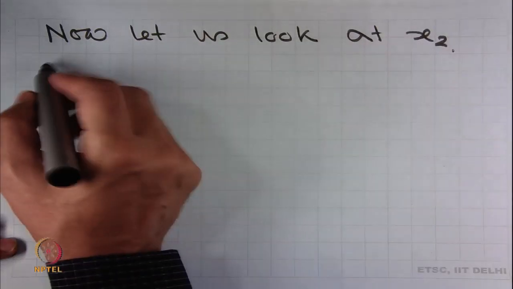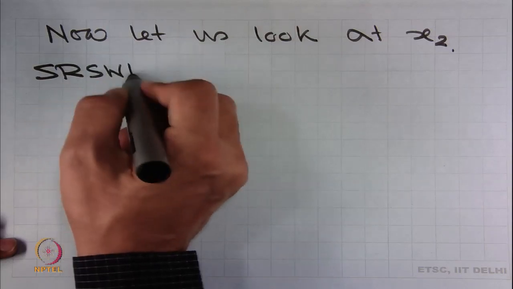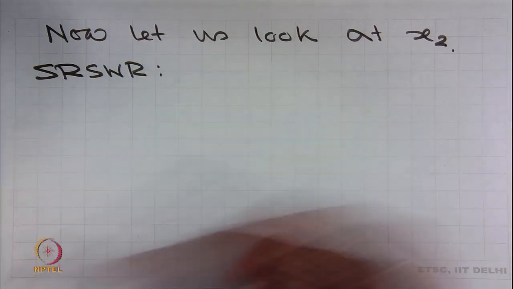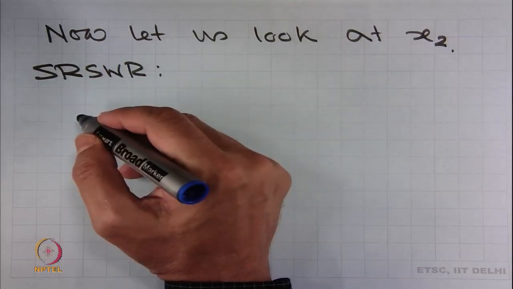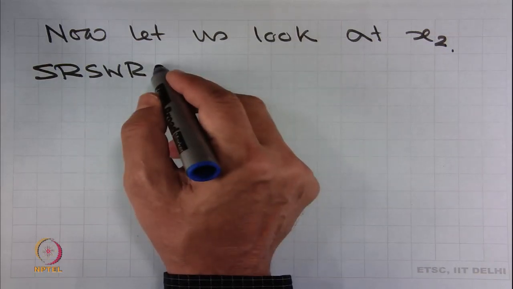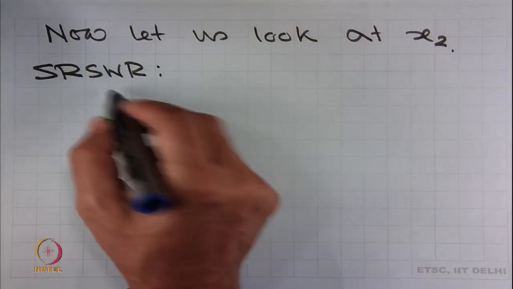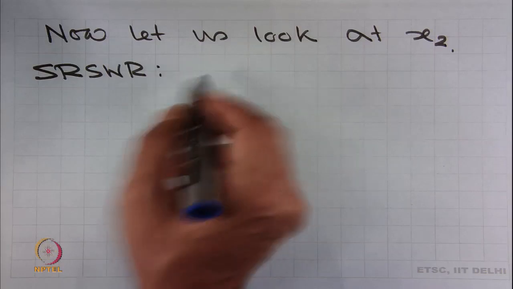Now, let us look at X2 under SRSWR. If you are doing simple random sampling with replacement, then whichever element has been taken as the first unit of the sample is put back into the population again.